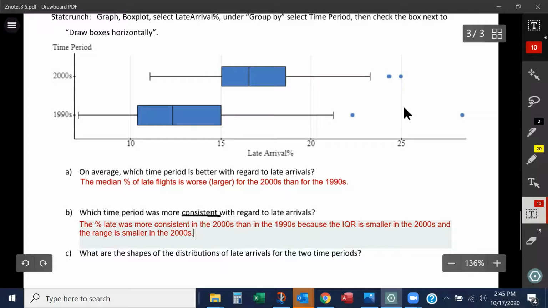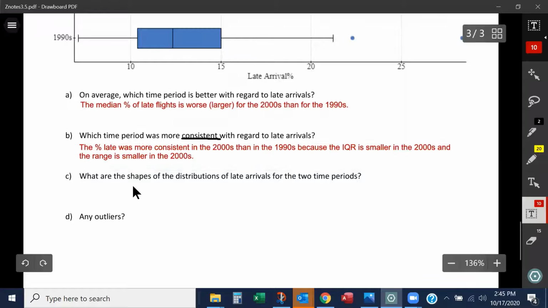From the median to the right side is a lot bigger than from the median to the left side. So again, I would say this indicates that those are right skewed. So here, both time periods are right skewed, since the data is more spread out on the right side of the median.